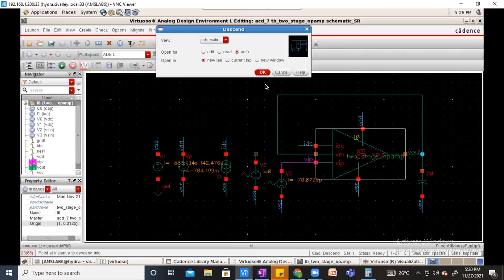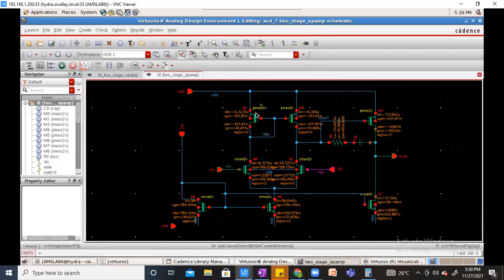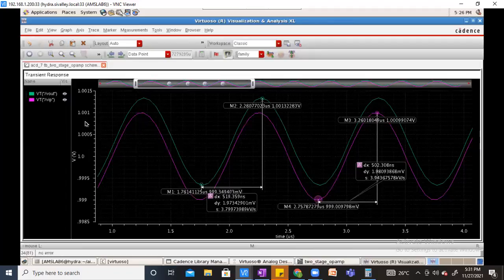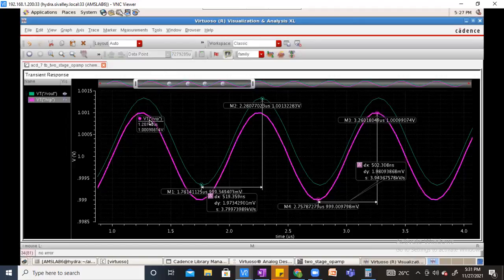Input common mode is decided by the diff amp, but output common mode is decided by the common source stage, so this has a wider range compared to this. That's why you get a shifted version of your signal. This output is shifted up; it has the wider swing, more headroom and tail room as well. Whereas for the input you don't have much headroom, and tail room is not there much either.